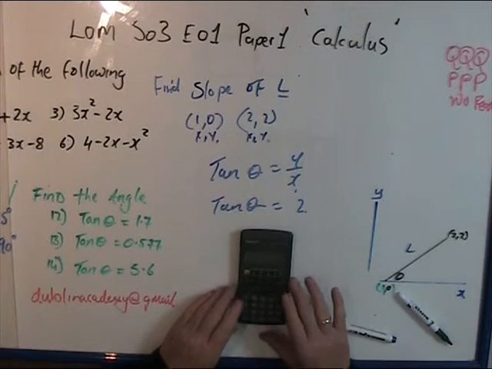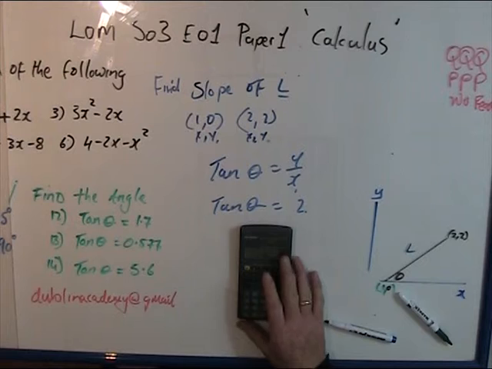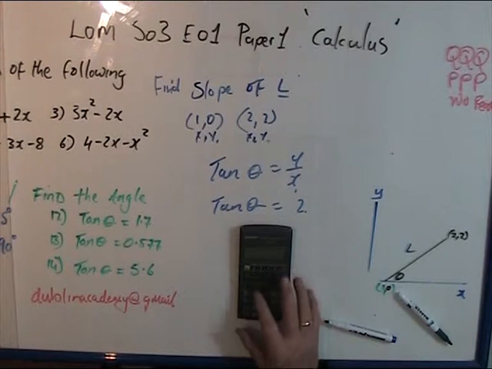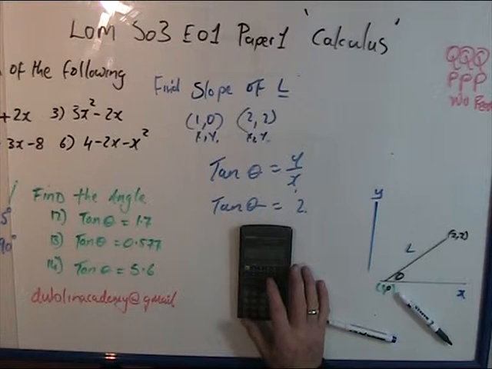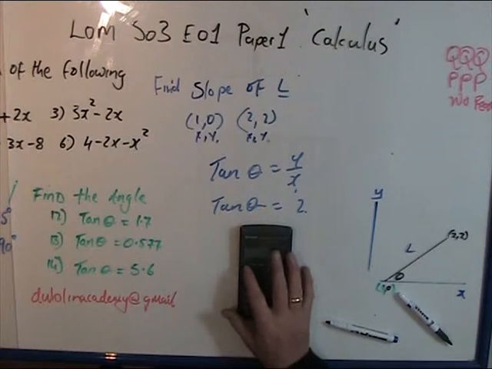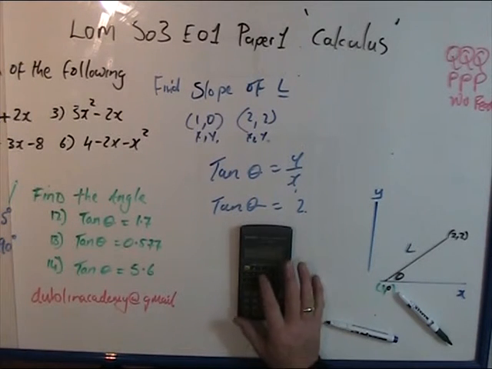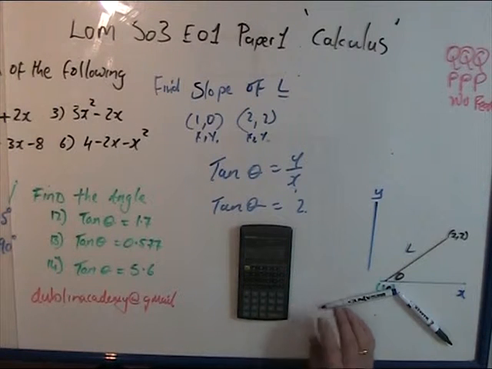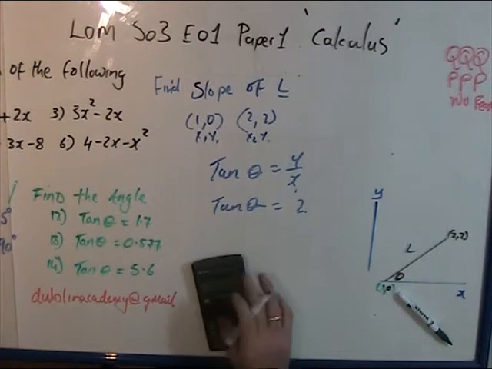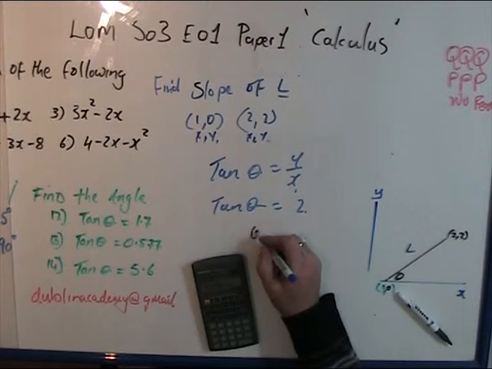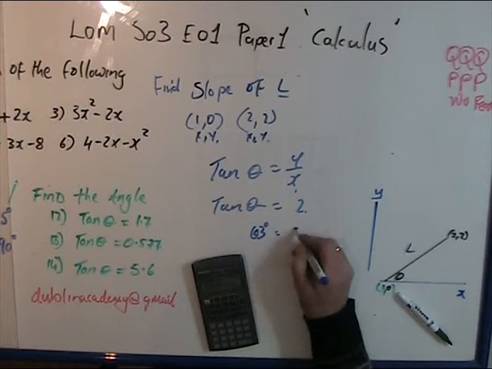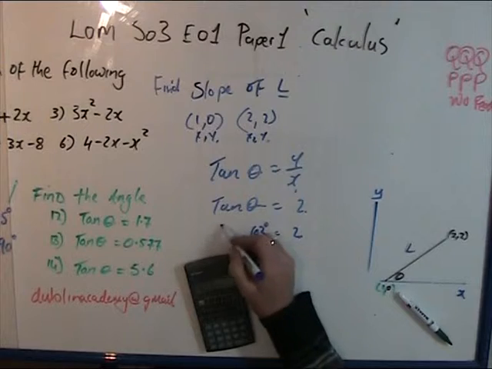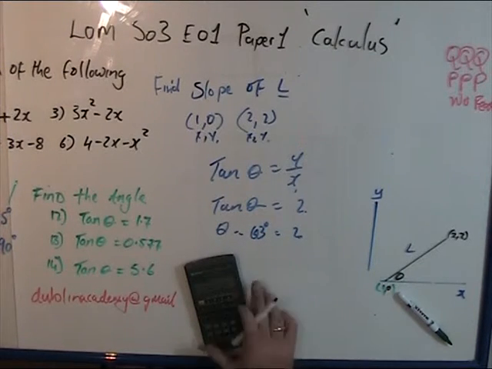You can zoom in on this. So tan theta is equal to 2, so you have to inverse it. Inverse tan of 2 equals 63 degrees. Now, theta at 63 degrees will give you a tan of 2. In other words, the angle is equal to 63 degrees.